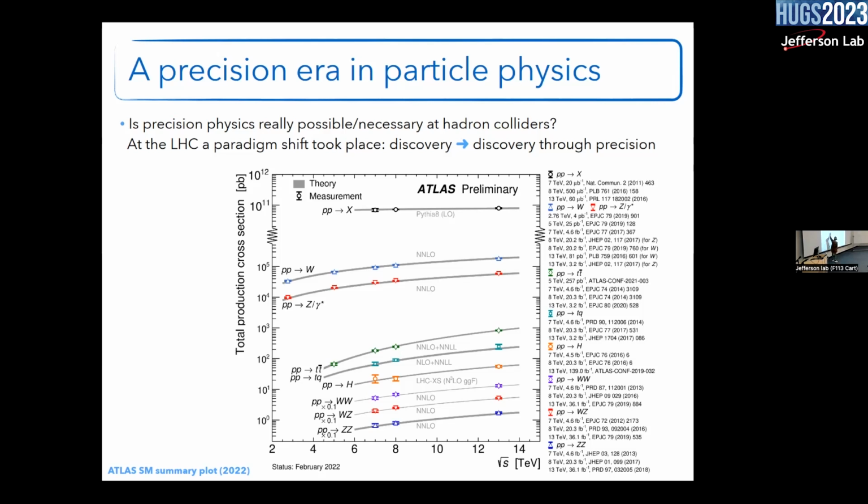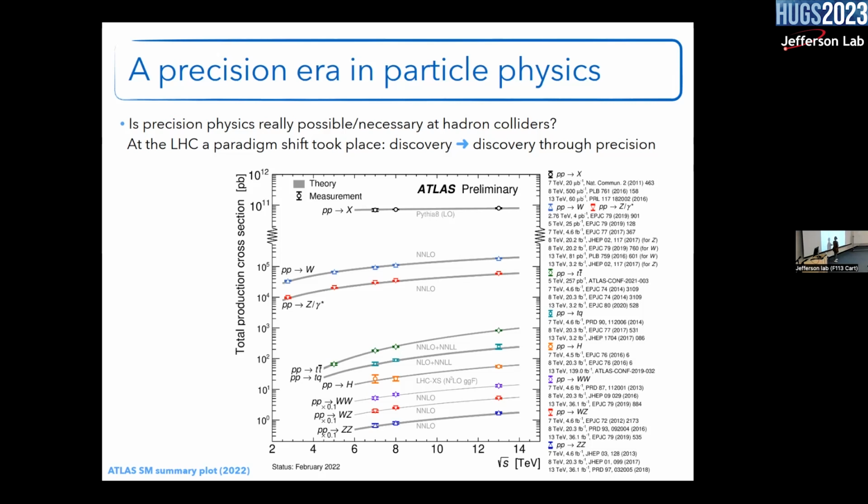For example, proton-proton into the W boson, proton-proton into the Z, or photon, proton-proton into t t-bar, or proton-proton into a single top, or into Higgs, or into a pair of W. So each of these is a different cross-section, and this is the precision that has been achieved at the LHC in the measurement.